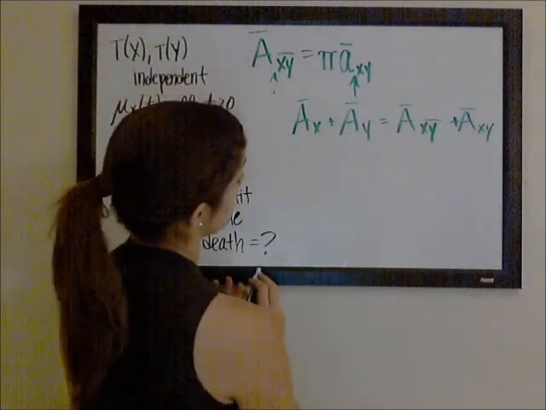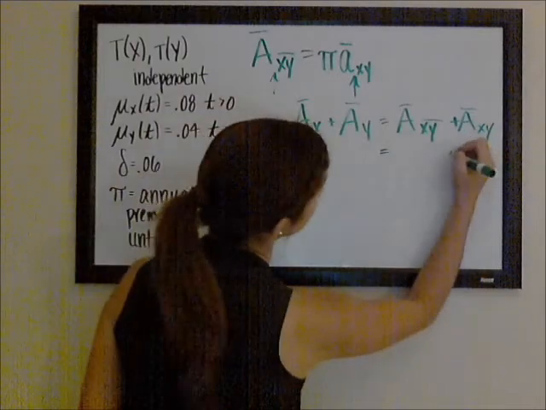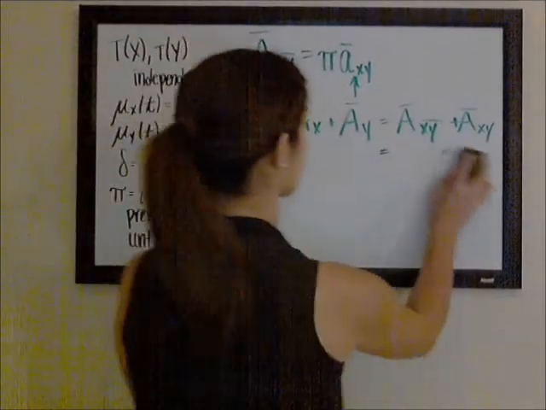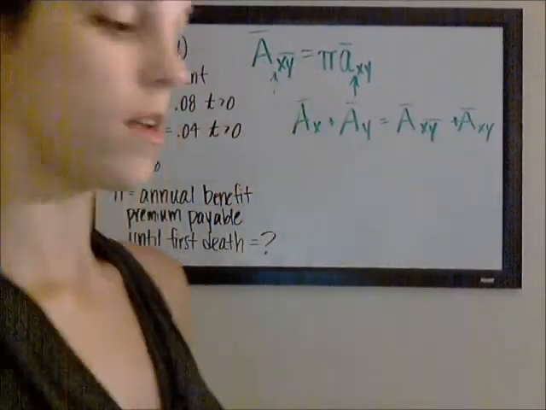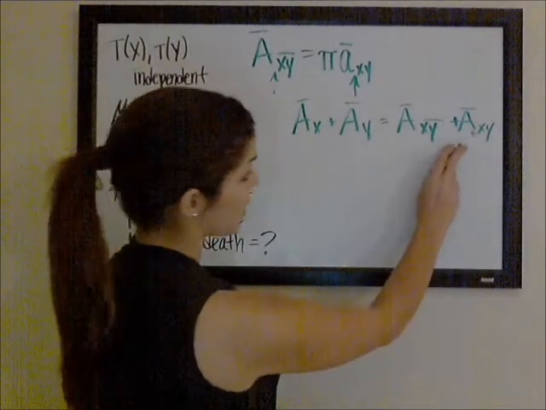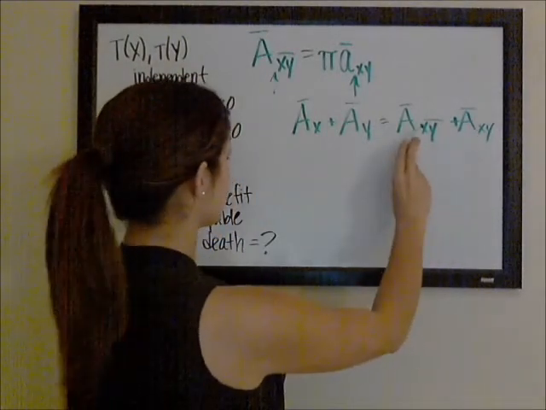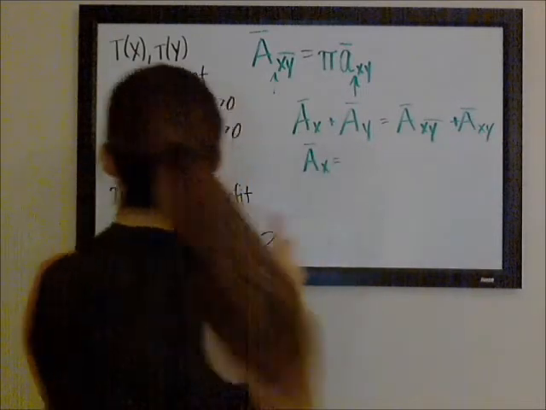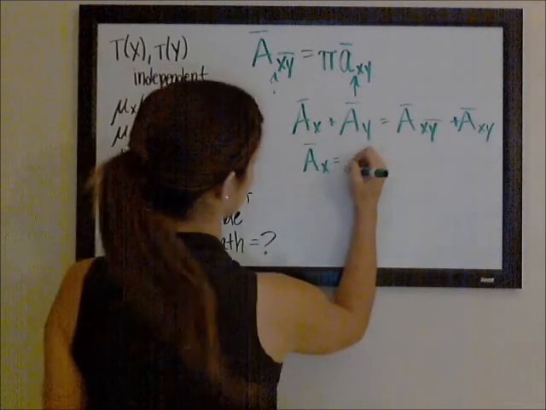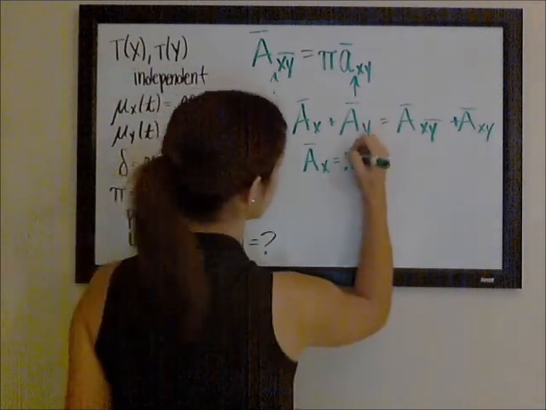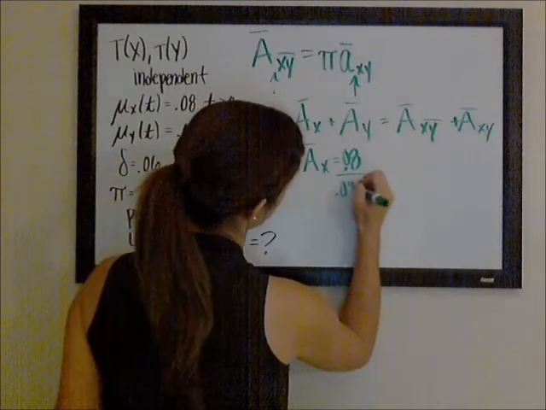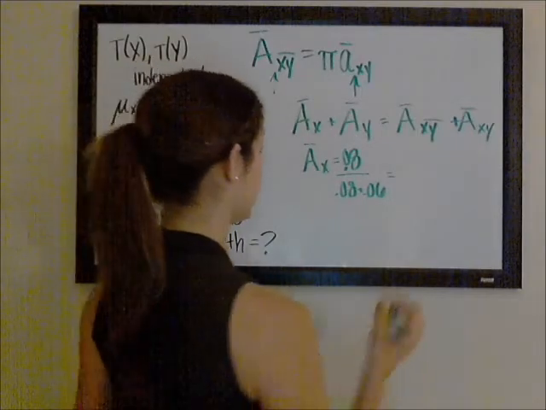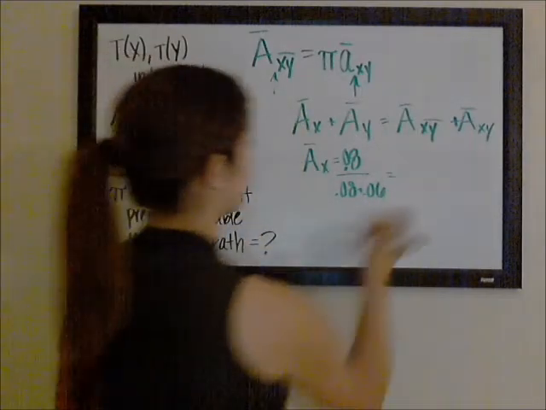So we already found the actuarial present value of this insurance. We're trying to find this one. We know, of course, that our insurance on X is going to be the force of mortality for X, 0.08, over the force of mortality plus the force of interest, which is 8 over 14, so 4 over 7.